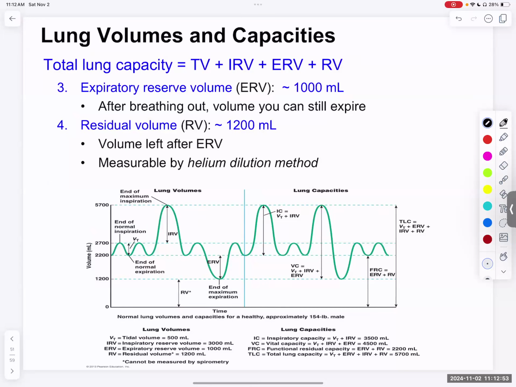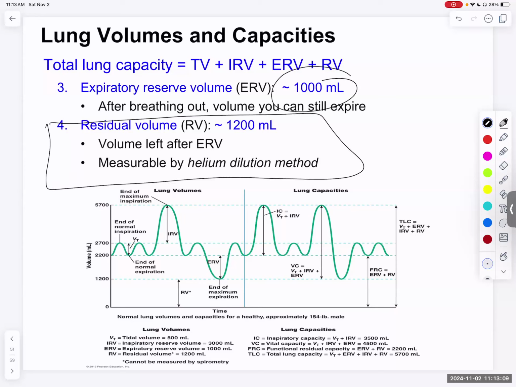Expiratory reserve is after you have a normal relaxation of diaphragm, but how much more can you collapse down that thoracic cavity, decrease that volume so more air leaves your alveolar? It's about 1,000 mLs. And then the residual volume is just the volume that is in the respiratory tract, but is not available for gas exchange.